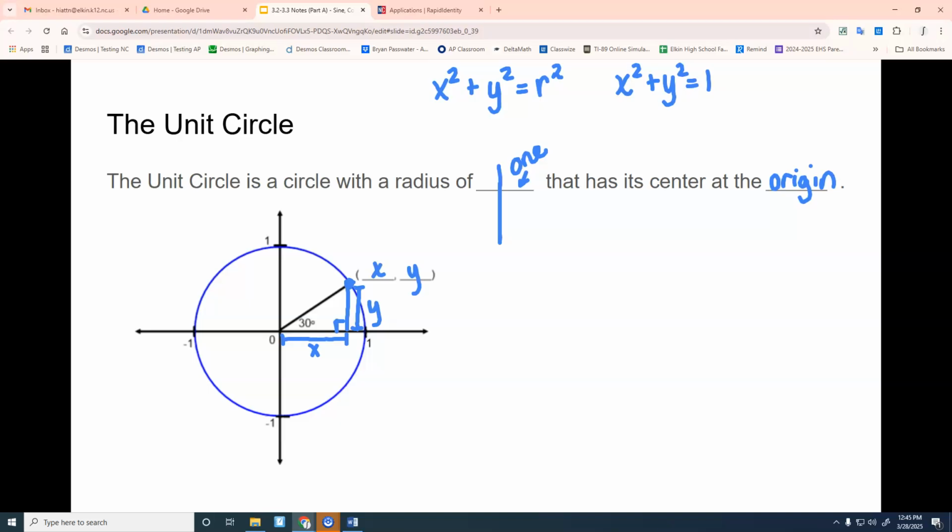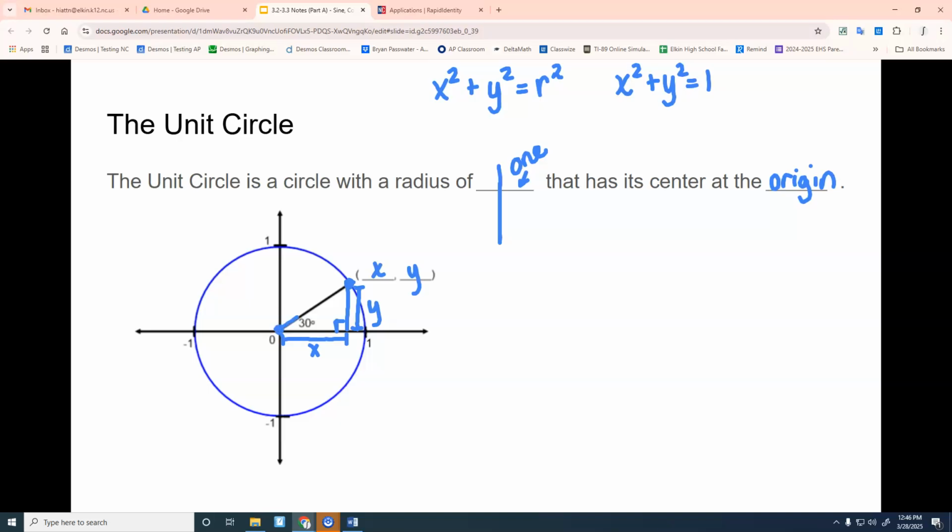All right, so I've got those points labeled. Now, to do some trig, I need to know one side of the triangle. And the only one I've got left is the hypotenuse. What is the length of that hypotenuse? Okay, it is 1. How do we know it's 1, James? It's a radius, right?